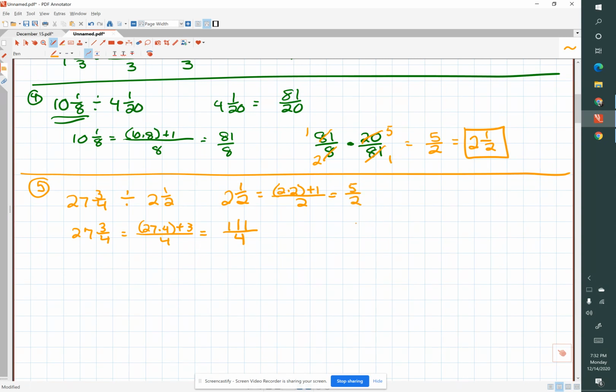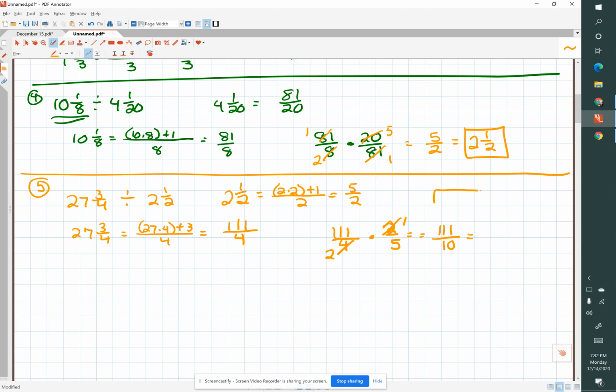So then we have 111 over 4 times 2 over 5. So we can simplify 2 and 4. This can be a 1, this can be a 2. So that would be 111 times 1 is 111, 2 times 5 is 10.